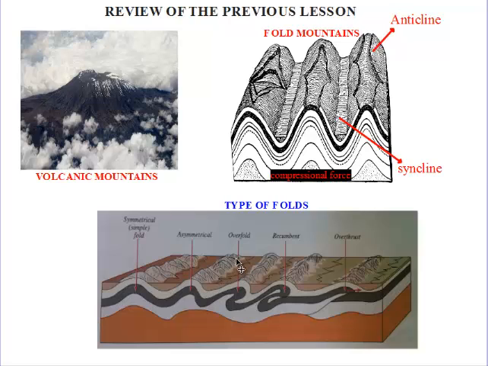With overfold, the continuous pressure of the compressional force causes one fold to override the other. And when it completely overrides it, we call it the recumbent fold. And with time, there will be a breakage from the anticline, from the syncline, and that is what we term as the overthrust.